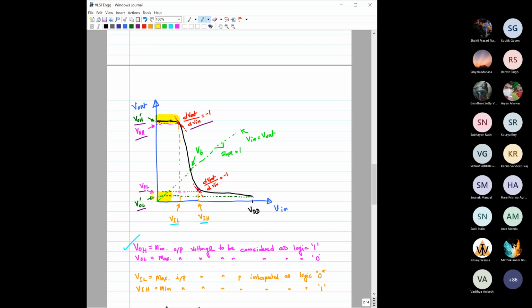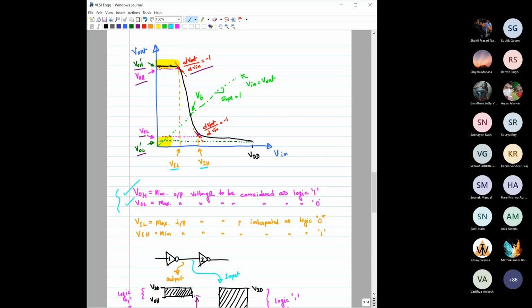Similarly, any voltage in the output below VOL is considered as logic 0 output. Are these two definitions clear, or do you have any doubt?